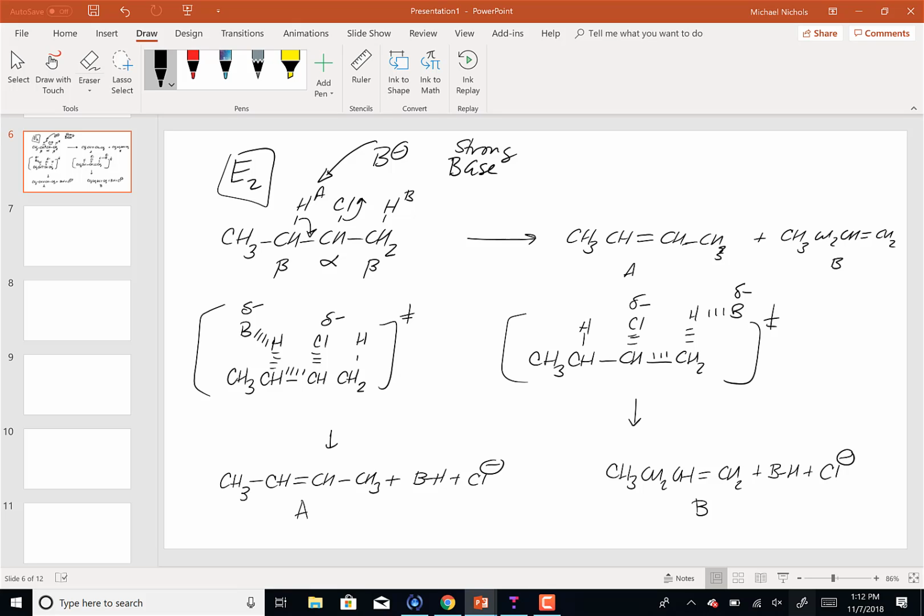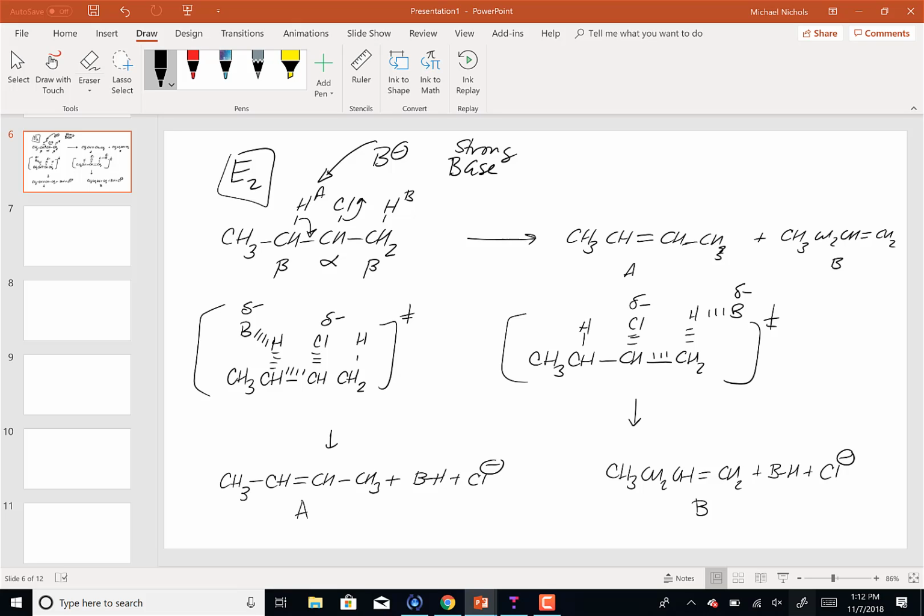Does it always yield two products? It's going to depend on how many beta hydrogens you have. So you could end up with 3 products, because the carbon could be attached to 3 different things other than the leaving group. It's going to depend on when you remove a beta hydrogen, do you get a new product?